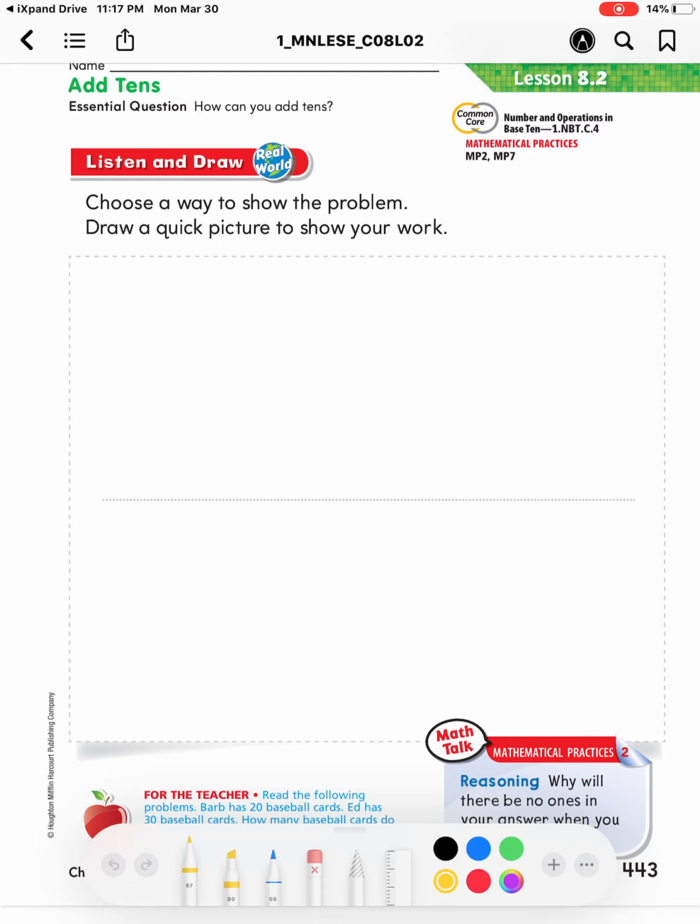Now Barb has 20 baseball cards. You don't have to write all of this. I'm writing for you so you can focus more.